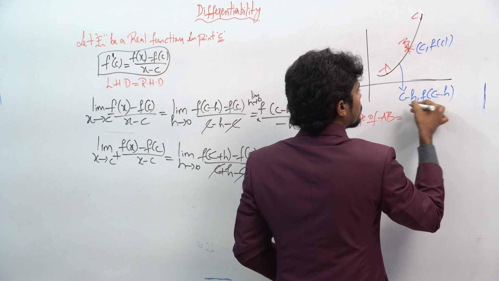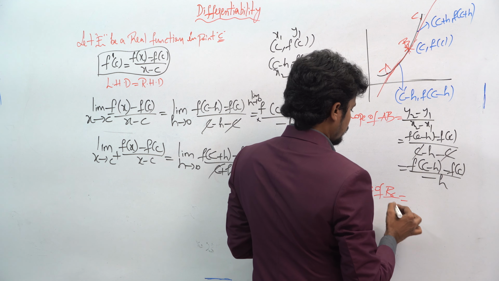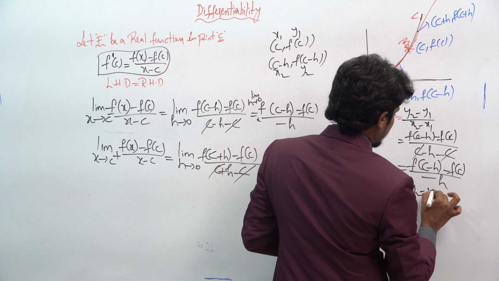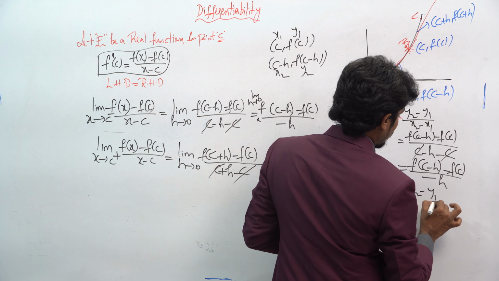For example, to find the slope or chord of BC, this is also y2 minus y1 divided by x2 minus x1.